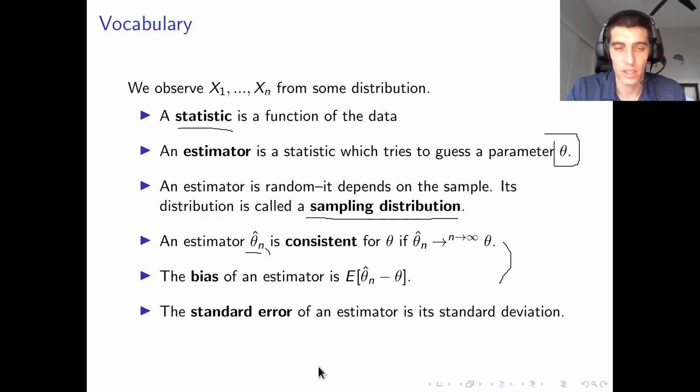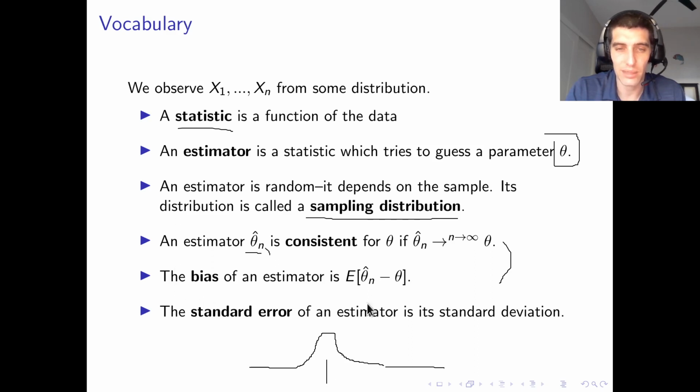Imagine my parameter is at 0, and the sampling distribution of my estimator looks like this for all n. Well, on average, I'm equal to the truth, so the expectation of this distribution puts me right at the truth. But I'm not consistent unless this distribution collapses onto this point.